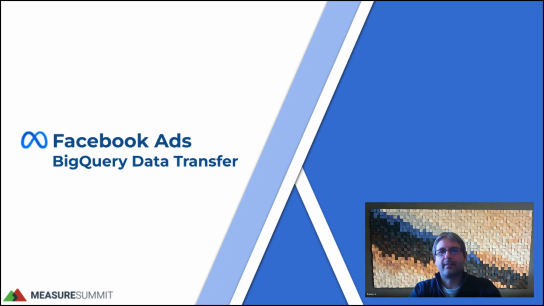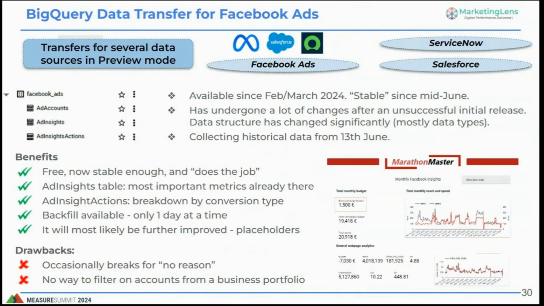Now, Facebook ads. I'm sure most viewers are no strangers to Meta advertising, the second largest platform of advertising spend. There are a couple of new data transfers in preview mode. Facebook ads is one of them. There's one now for ServiceNow and Salesforce as well.